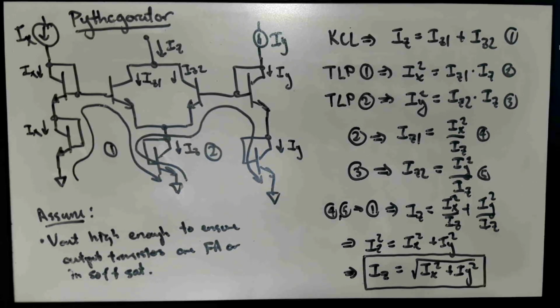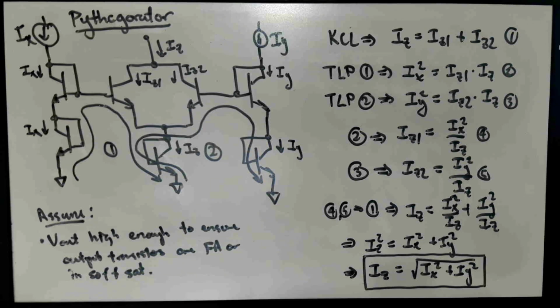Or if IX and IY are the amplitudes of two sinusoidally varying current components, or signal components, then you have basically a circuit that computes the magnitude of that vector.